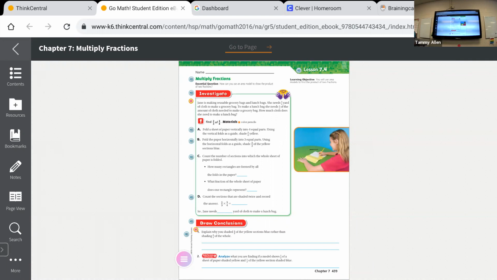Okay, so take a look at modeling our fractions. We've done this before.